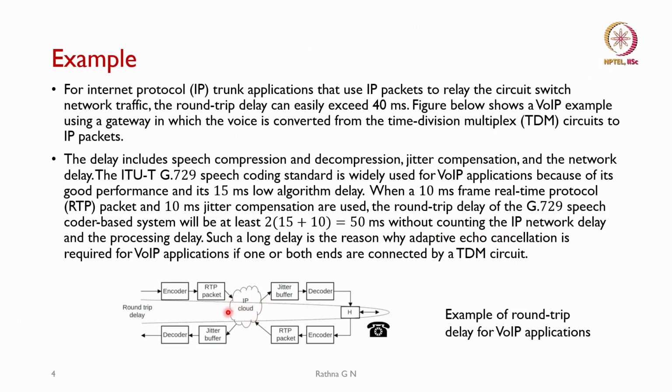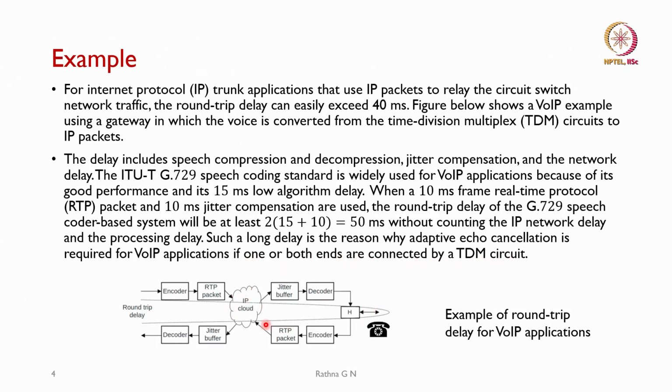Here the IP cloud you are using has not been counted, and the processing delay is also ignored. So, with such a long delay, this is the reason why adaptive echo cancellation is required for voice over IP applications if one or both ends are connected by TDM, that is time division multiplex circuits.